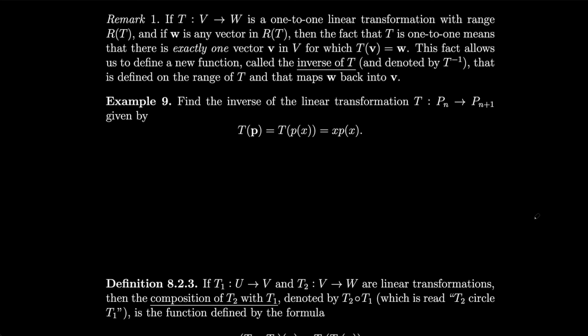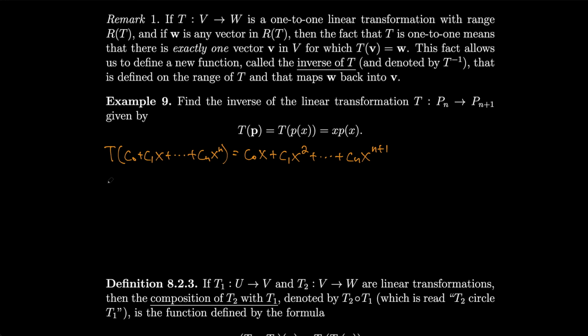given by T of p(x) is x times p(x). So let's look at what happens to T of some polynomial, let's say c0 plus c1x, and so on through cn x^n. Well, that just takes each term and multiplies by x, so c0x plus c1x squared, and so on through cn x^(n+1).